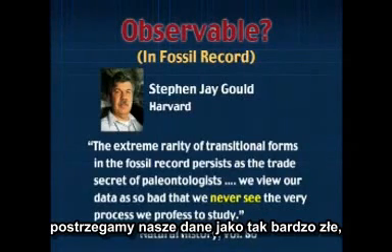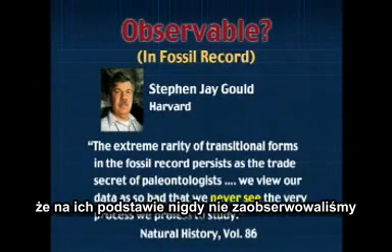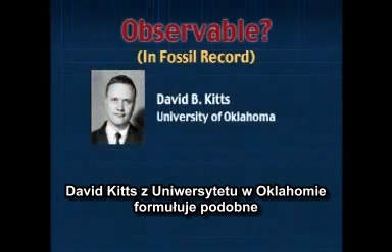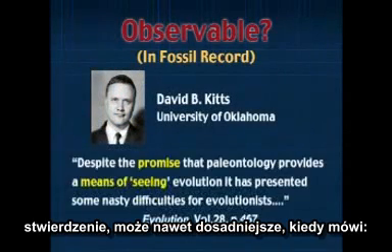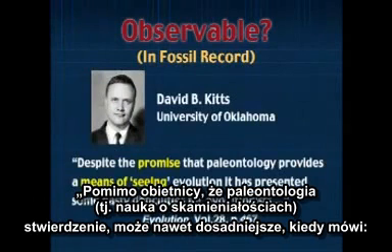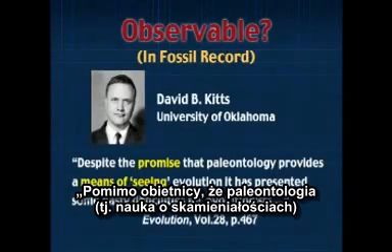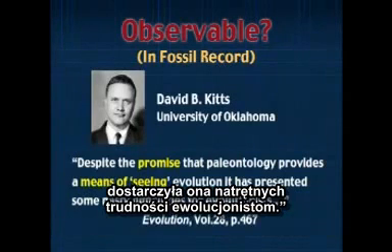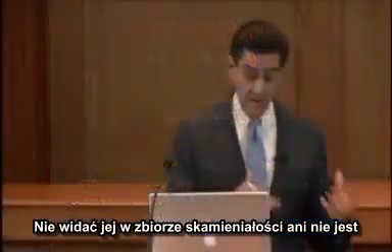We view our data as so bad we never see the very process we profess to study. D.B. Kitts, University of Oklahoma, made a similar statement, maybe even stronger, when he says, despite the promise that paleontology, that's the study of fossils, provides a means of seeing evolution, it has presented some nasty difficulties. You don't see it in the fossil record or in the living world.